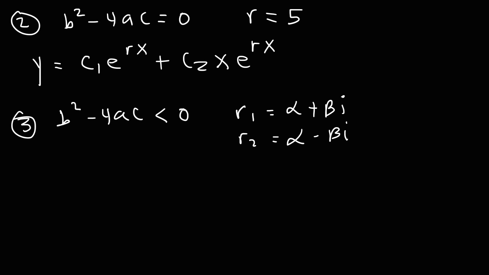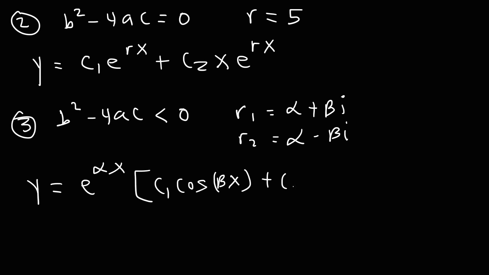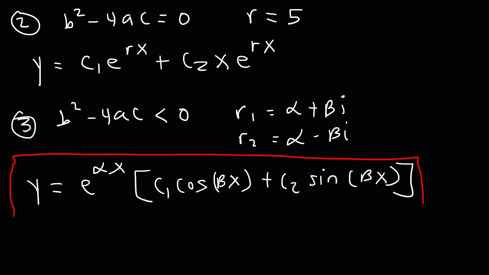Now, once you have alpha and beta, you could use this formula to write the general solution. It's going to be e to the alpha x times c1 cosine beta x plus c2 sine beta x. So that will be the general solution for the third case.